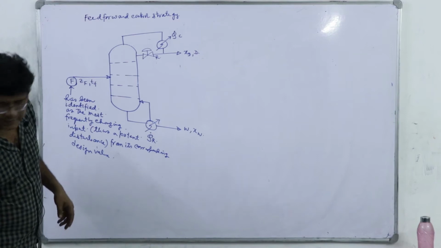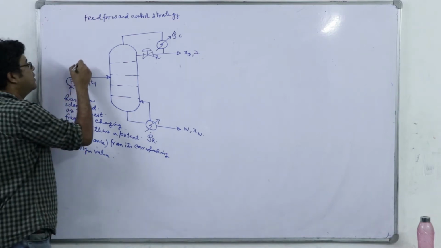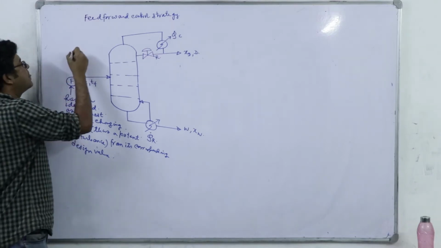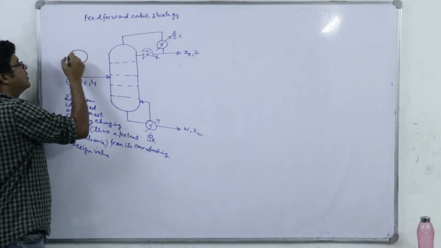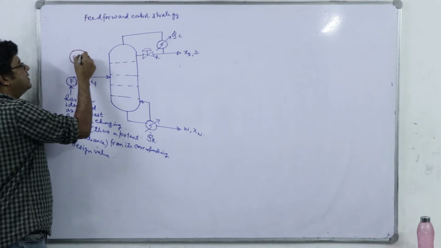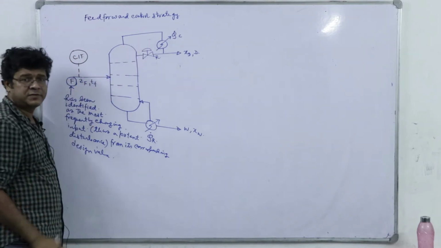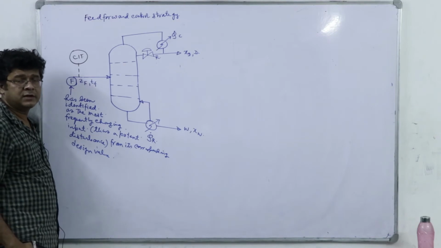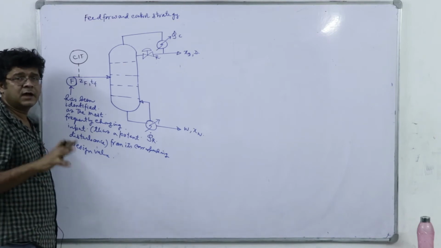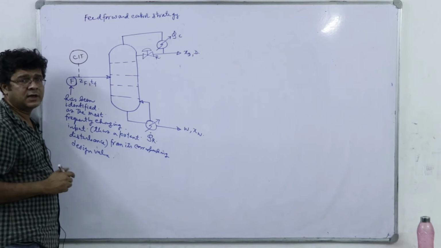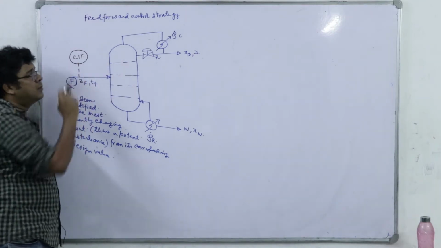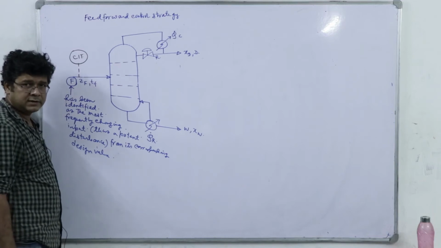Now, we will implement the feed forward. So, what do we have to do? We have to continuously measure the flow, right, but we will write it as CIT. Why CIT? Because finally our objective is to control the composition, not the flow, right? So it's a part of the control loop which is controlling composition. Though we are measuring the flow here, we will call it a CIT.